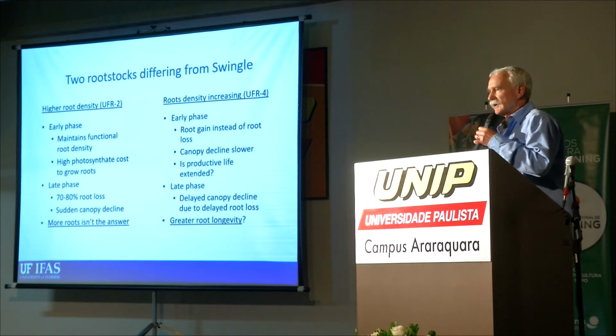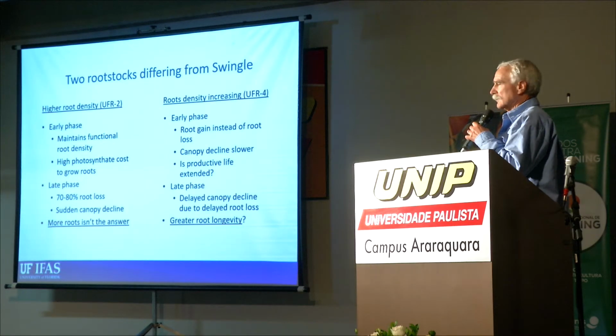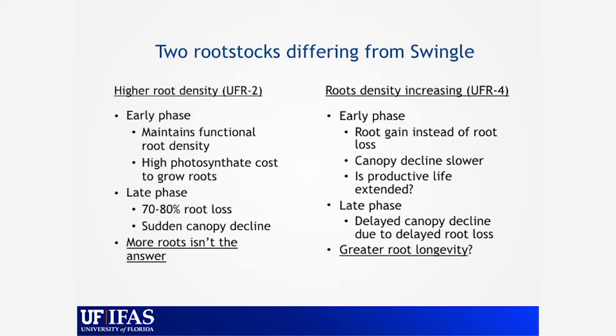So these two rootstocks differing from Swingle, we can sort of classify into two behaviors. One is the higher root density, UFR2, has early phase root production that is higher, maintains more functional root density, but with a higher photosynthate cost, carbohydrate cost, as we know, to support this process.